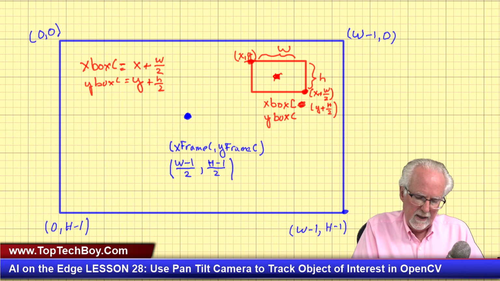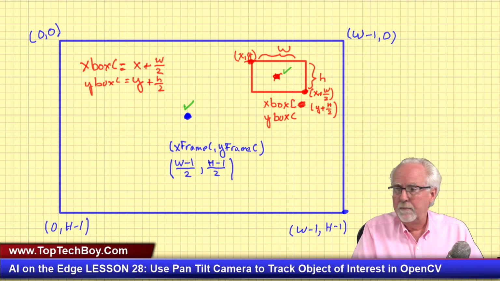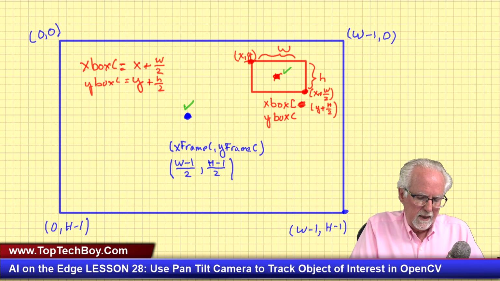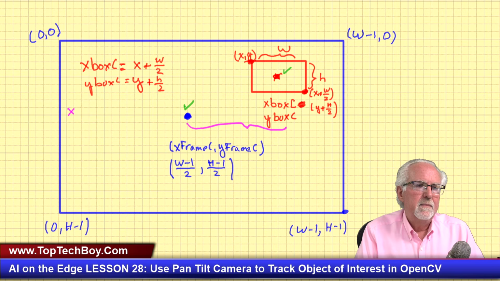So what do I have now? I have the center of the frame, and I have the center of the box. Now, what is the error? The X error, let's draw that in purple. This is the X error, would be this much. Let me check something here, I want to get my variables lined up well.